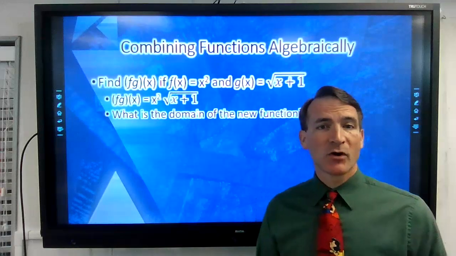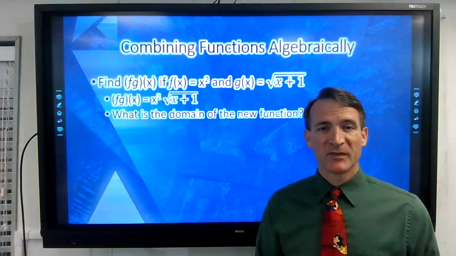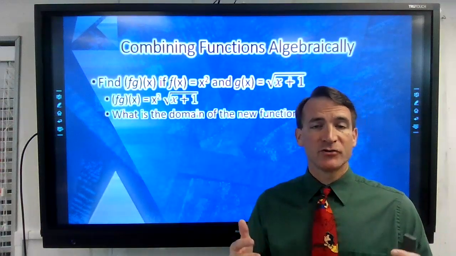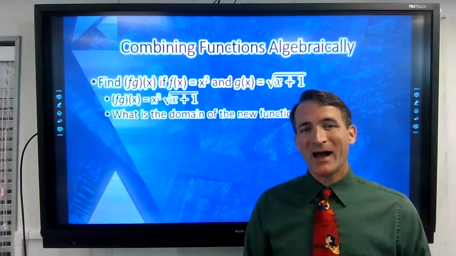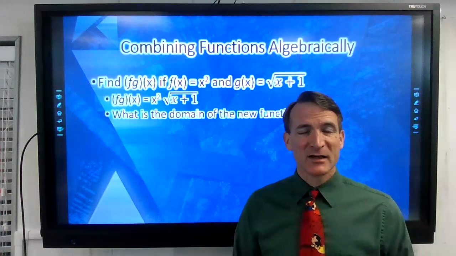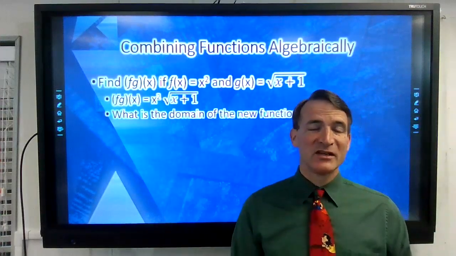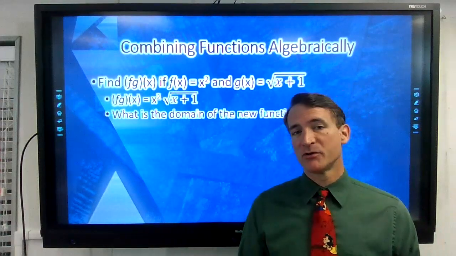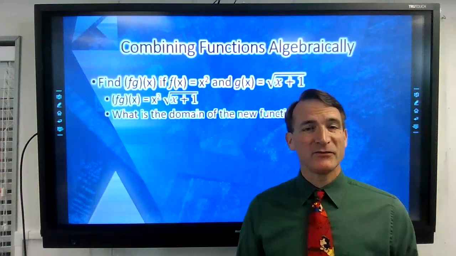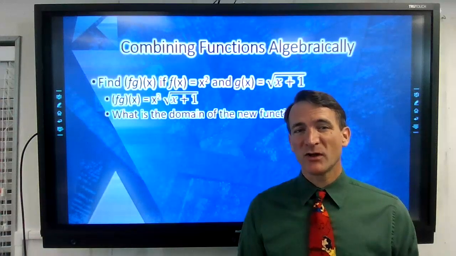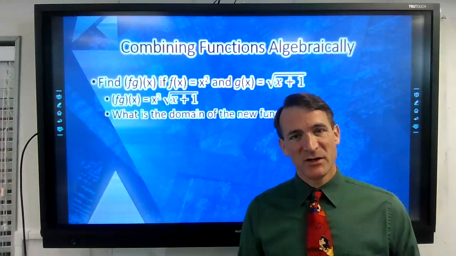What about the square root of x plus 1? In order for that function to work out, we cannot have values of x that are less than -1. If I use a -1, I get the square root of 0, which is 0. If I had a -2, I had -2 plus 1, which is -1.